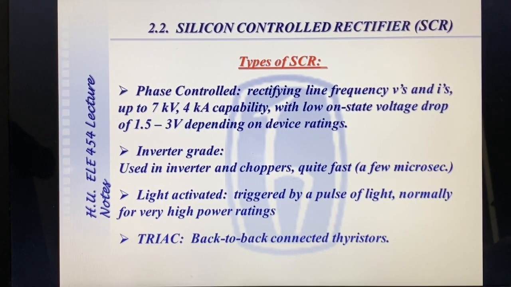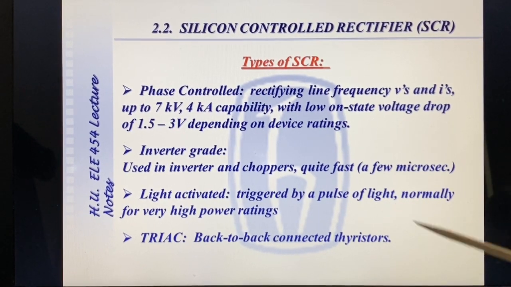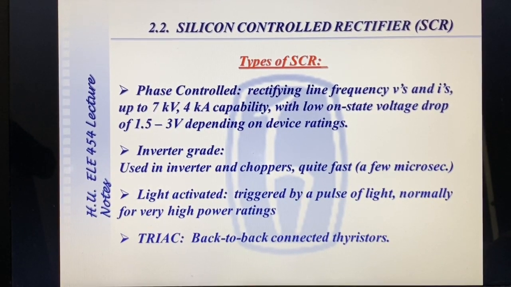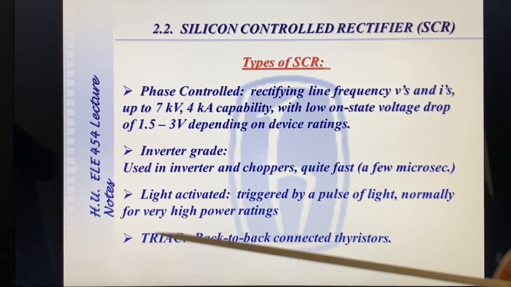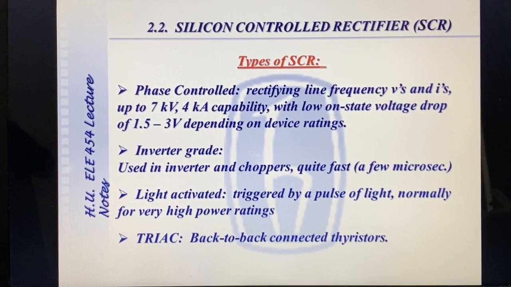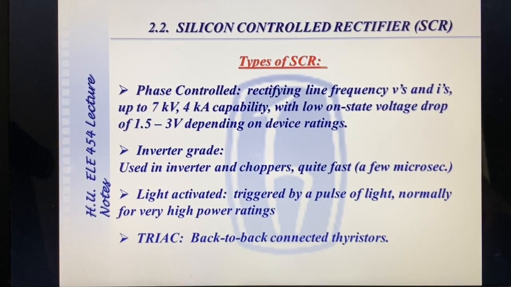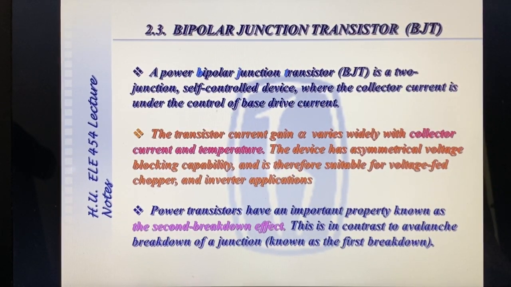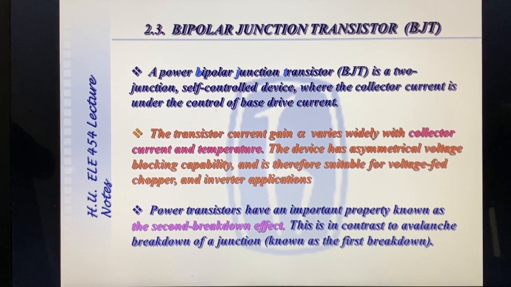Light activated, triggered by a pulse of light, normally for very high power ratings, are employed in the very high power industry only. And triacs are back-to-back connected thyristors, which are used in AC voltage controller, AC to AC magnitude conversion applications. So next time we will continue with transistor family devices.